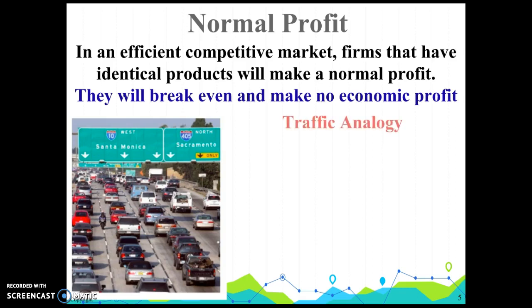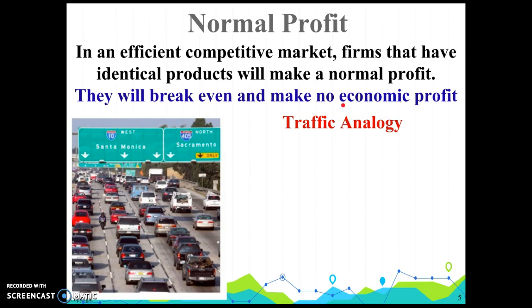An accountant would say they made a positive profit, but since an economist also considers implicit cost, the econ profit is going to be less than the accounting profit, right? Because the economist is subtracting out all the opportunity costs, and a normal economic profit means they're breaking even, according to an economist, right? They are literally making more cash money. It's not breaking even based off of what an accountant would say, it's breaking even based off of what an economist would say, meaning not only are you able to pay all your bills, but you're also able to cover your opportunity cost.